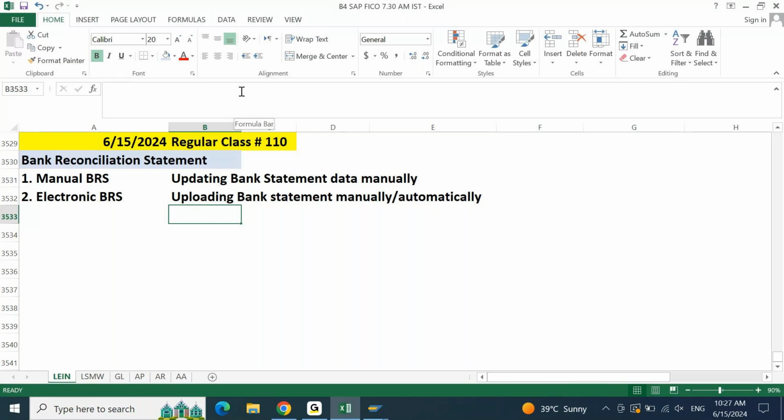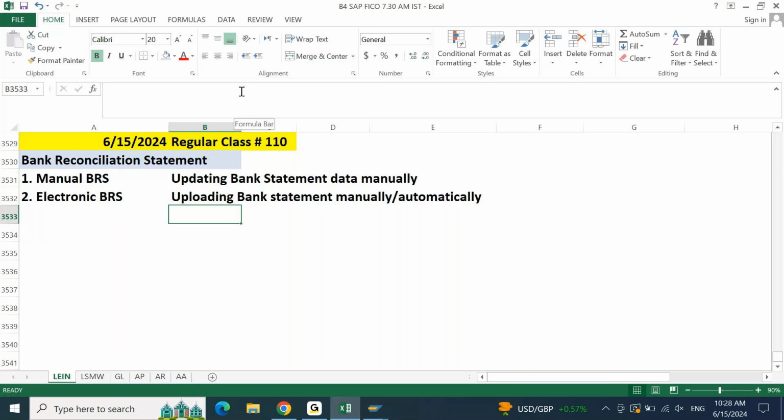Based on this, system is going to start performing the matching. It will try to match the bank statement transaction with your SAP accounting entry. In your SAP for bank GL accounts, you are going to input debit and credit accounting entries. These debit credit accounting entries are matched with the help of bank statement, whatever is uploaded or updated in SAP.